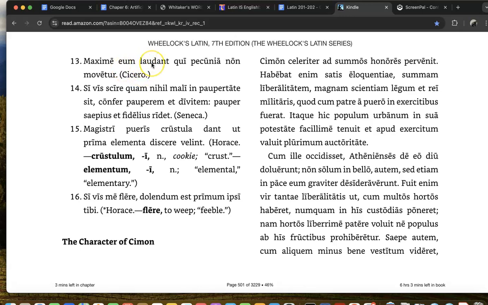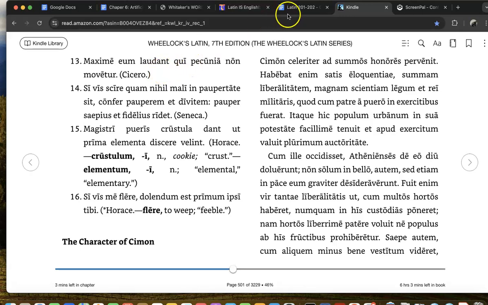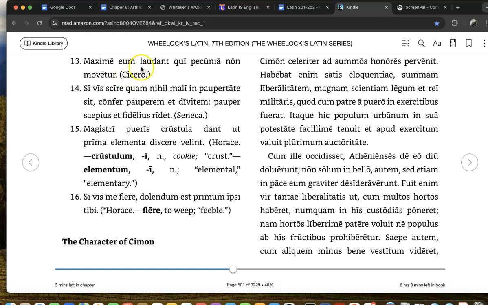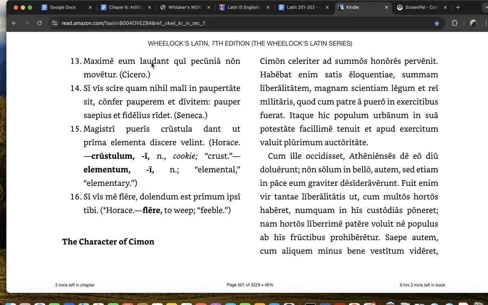So they praise him most, or right, who is not moved by money. So I'm going to write that one down. I think we've had something like this earlier. So they, by Cicero, so nunt is they, laudo, that goes back to chapter 1.